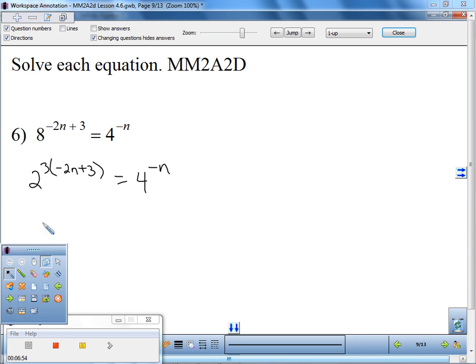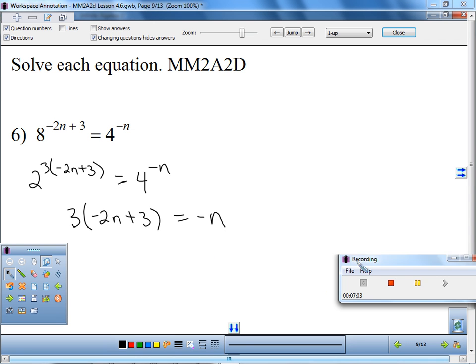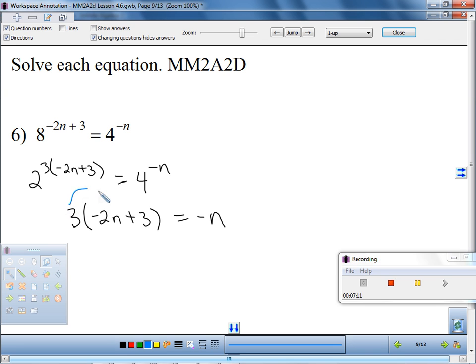Now we can rewrite this as 3 times the quantity negative 2n plus 3 is equal to negative n. When we do this, we go ahead and distribute the 3, remembering that we have to multiply everything inside by 3. So we end up with negative 6n plus 9 is equal to negative n.